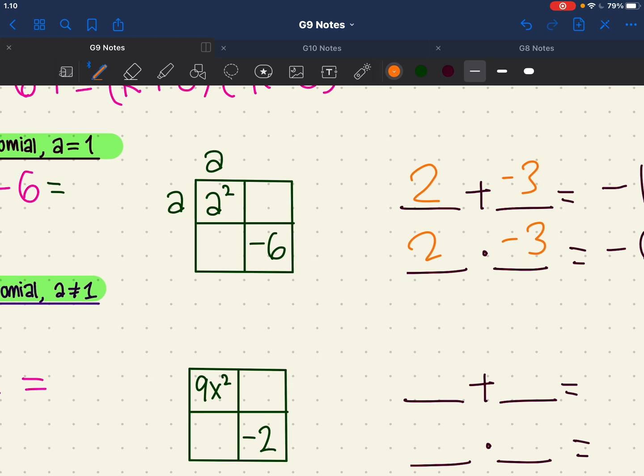So this is what we add in the middle here. This is 2a, and this is negative 3a. And again, it doesn't matter if you switch them, but make sure that it matches the outside.